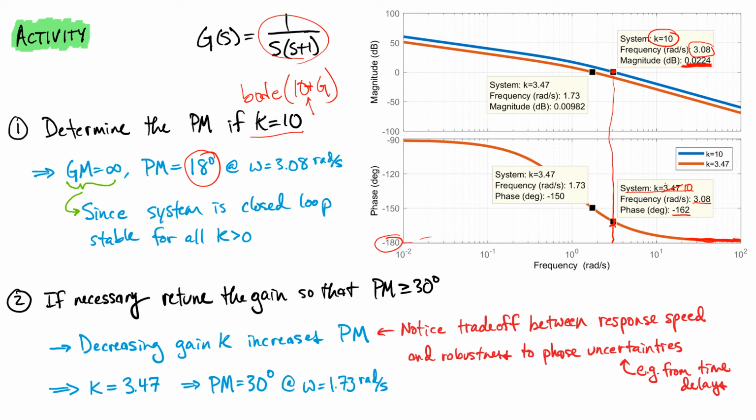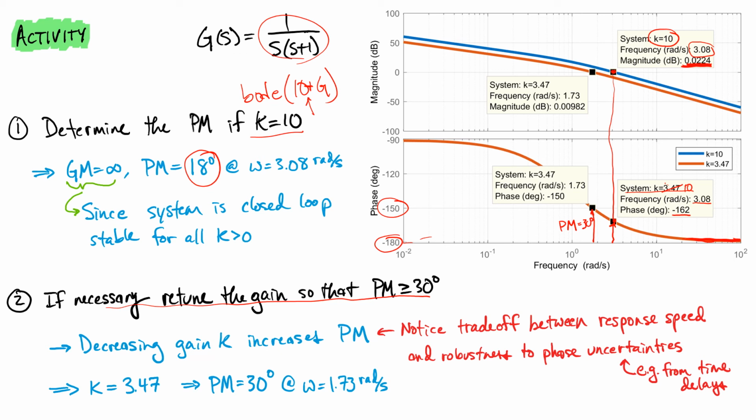So that's smaller than what we want. And so when we retune, we'd like to pick a gain that achieves a phase margin of 30 degrees. So we can find the value of the phase that we want: a phase of minus 150 is going to give us our phase margin equal to 30 degrees.